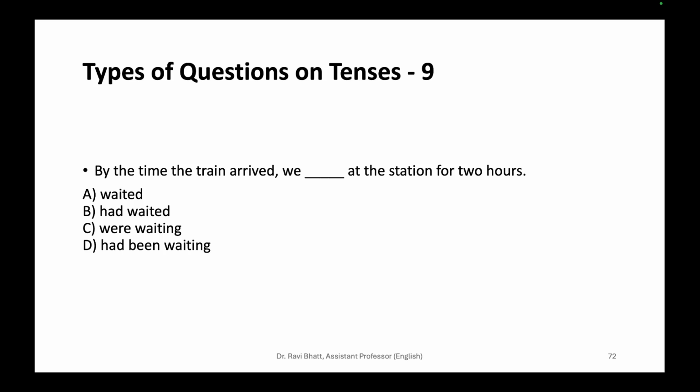For example, the train was scheduled to arrive at 12 and it arrived at 12 noon, whereas I arrived at the station at 10 a.m. So when the train had arrived, I had already been waiting at the station for 2 hours. So what I'm doing here, I'm referring to a past action with reference to an ongoing action of the past.